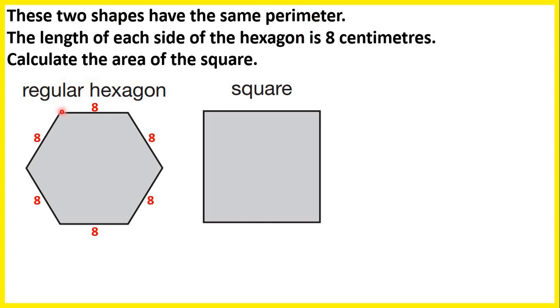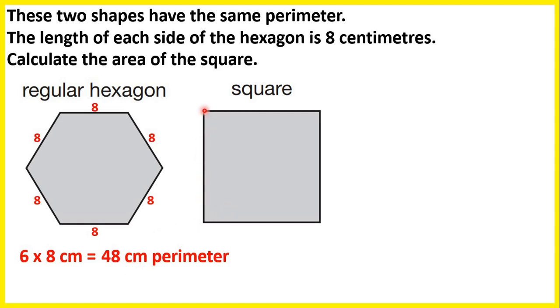So let's start by finding the perimeter of the hexagon. We have 6 sides in a hexagon and each side is 8 centimetres, so that's 6 times 8 or 48 centimetres altogether. So that's the perimeter of the hexagon, and we know that the perimeter of the square will be the same, so will also be 48 centimetres.